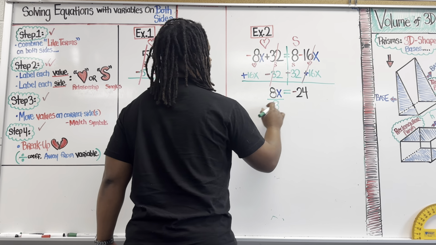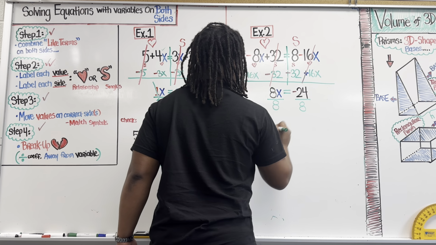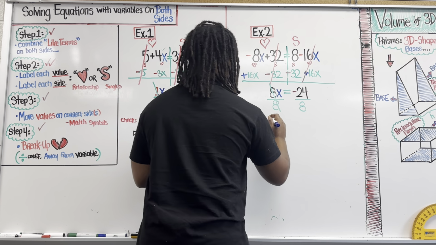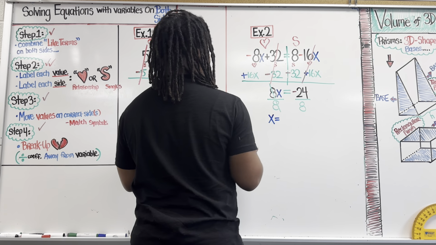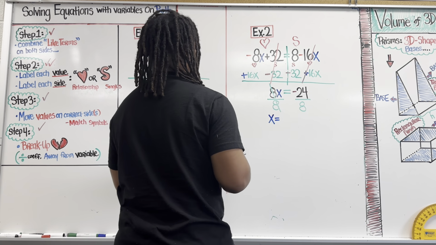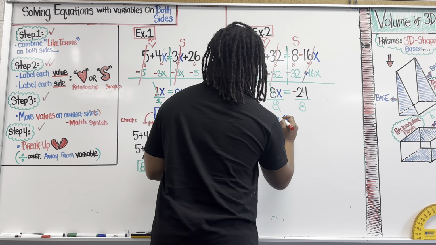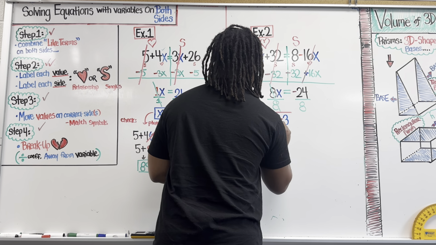So we're gonna divide both sides by 8, okay? So 8x divided by 8 is x equals, and then -24 divided by 8 is a -3. Okay? So this is the value of x that we have.